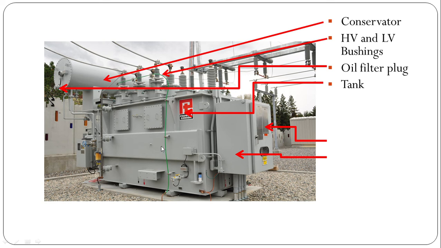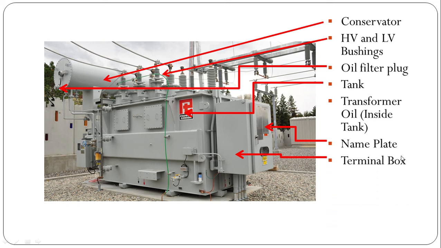It is filled with transformer oil. Next is nameplate. You can clearly see this metallic plate attached to the terminal box. So this metallic plate contains all the details of transformer and it is called nameplate. Next is terminal box. This rectangular box attached to the tank of transformer is called terminal box. It contains all the control and protection cables.